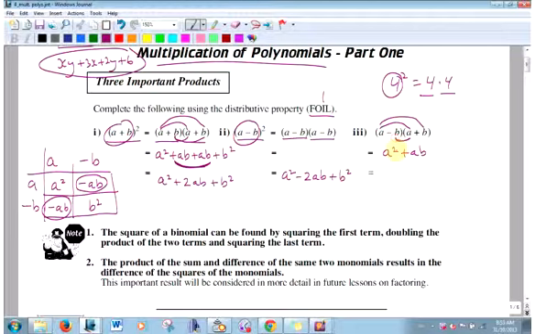Negative b times a, the same as a times b. And last, negative b times b is minus b squared. Do I have a couple of like terms here? I have an ab. I take away an ab. How many abs do I have?